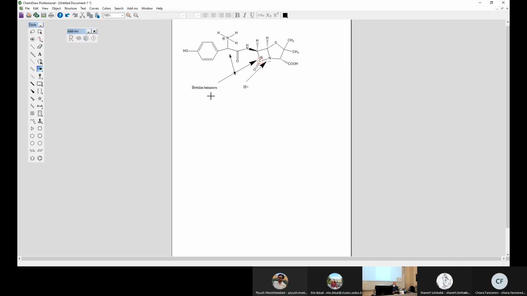This is one of the modern strategies to use old drugs. We know everything about these drugs. We have used this type of drugs for years.